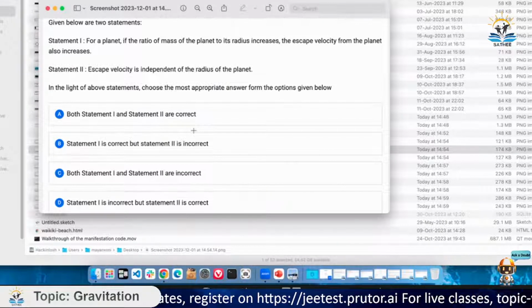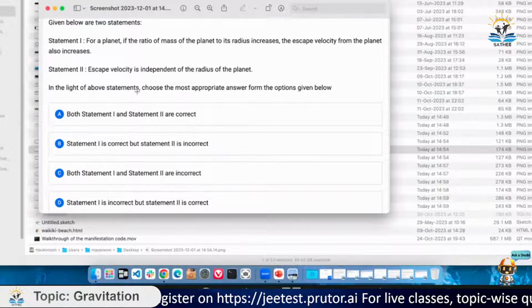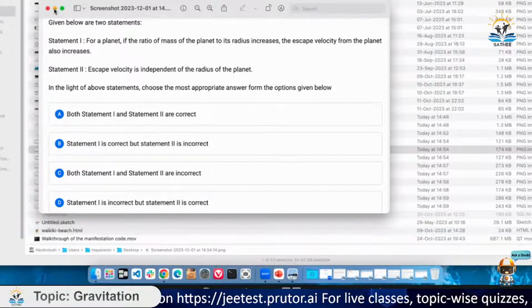Now to check if statement 1 is true or not, we can see the formula of escape velocity.